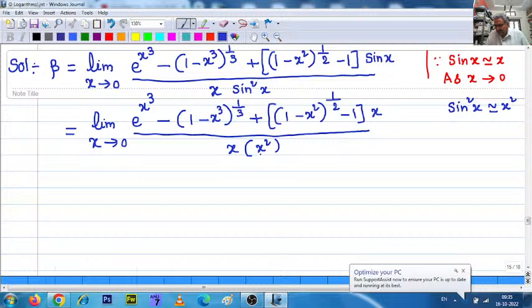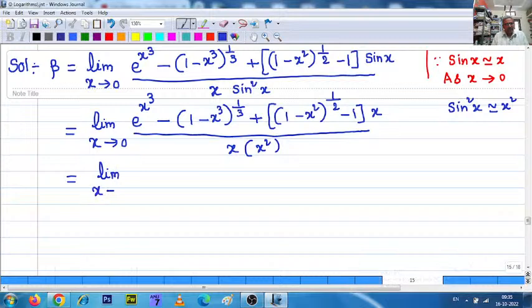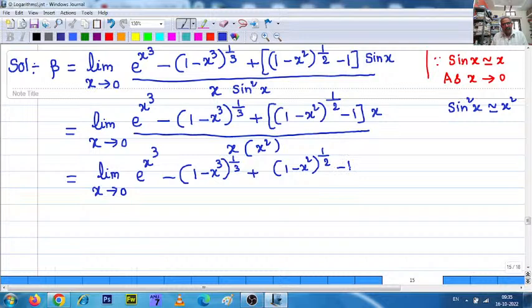Now let us simplify. Then this equals limit x tends to 0 of e power x cube minus (1 minus x cube) whole to the power of 1 by 3 plus (1 minus x square) whole to the power of 1 by 2 minus 1, times x, divided by x into x square, that is x cube.